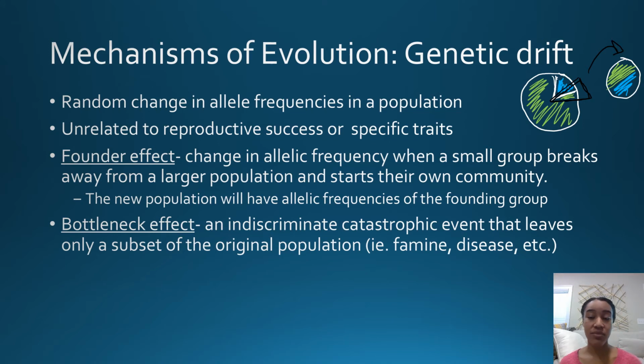We also have the bottleneck effect. The bottleneck effect is when a catastrophic event leaves only a small subsection of the original population alive. So if we go back to our frog example, if that small group of individuals here, let's say instead of them being a group that broke off and went somewhere else, let's say they were the only surviving individuals after, let's say, a virus that kills off frogs, blue and green frogs indiscriminately.